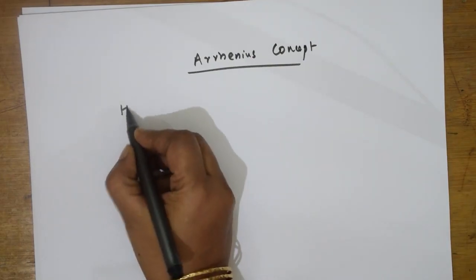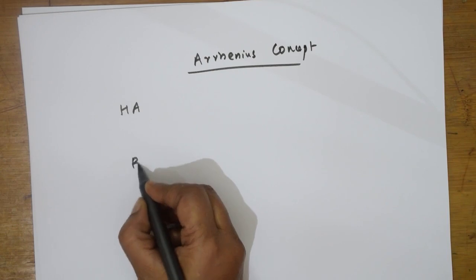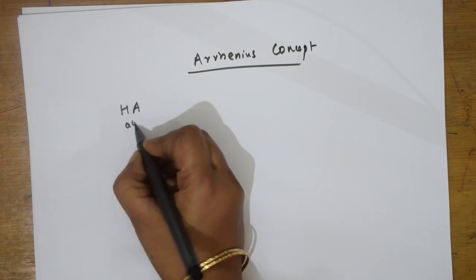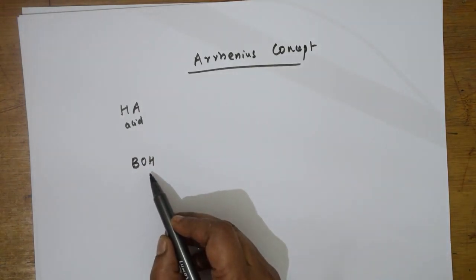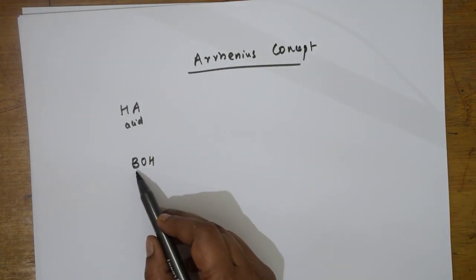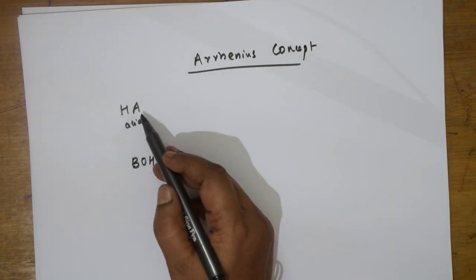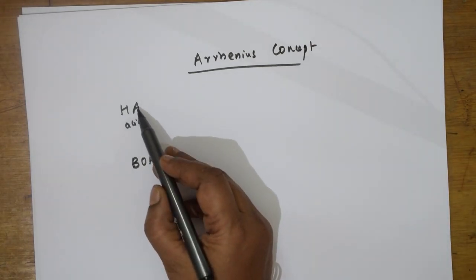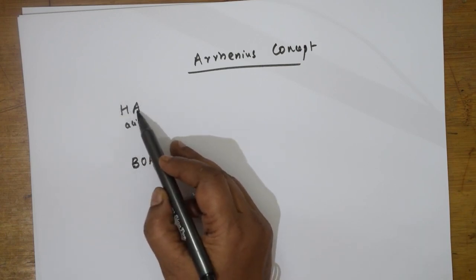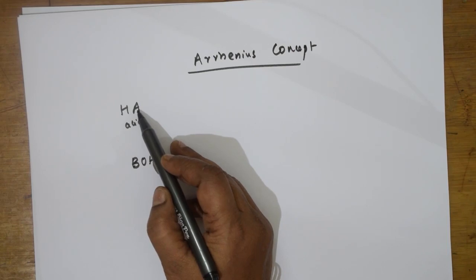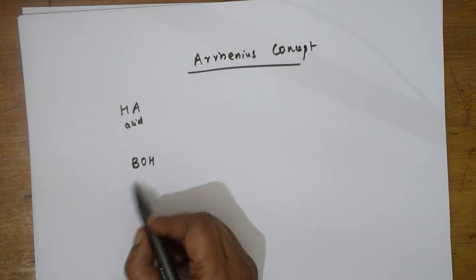Suppose I take HA, an acid with an H plus ion, the proton, and a base with OH minus.